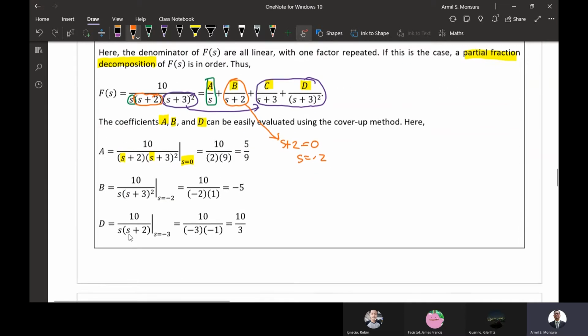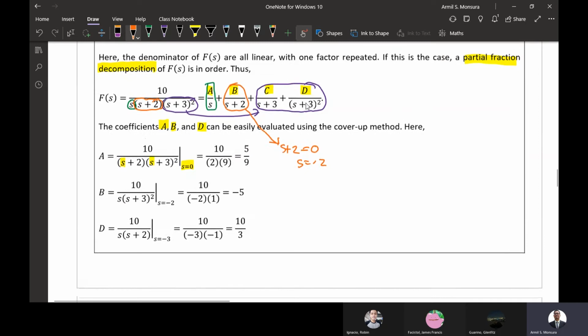And finally, yung D, ganun din. So, yung D dito is S plus 3 squared. Hindi ko kagad ma-evaluate yung C kasi S plus 3. Hindi ko mako-cover up lahat itong S plus 3 dito. Kasi S plus 3 yung denominator to, kailangan isang S plus 3 lang din yung i-cover up ko. So, therefore, mahirapan akong gawin yun dahil kailangan dalawa eh.